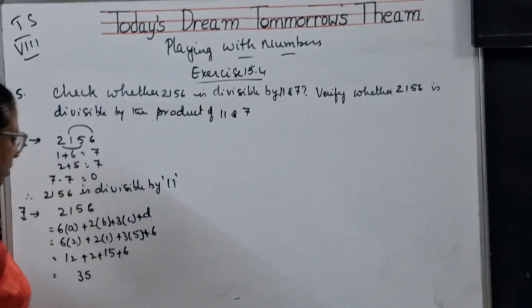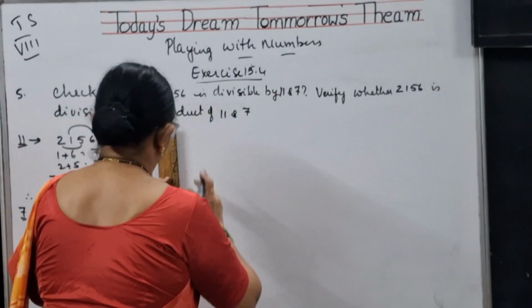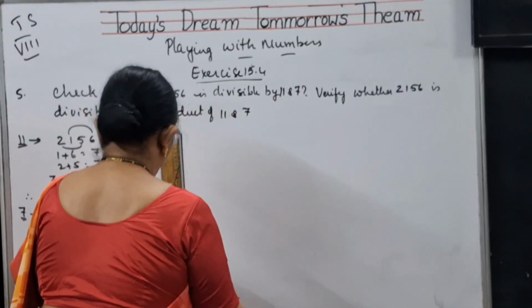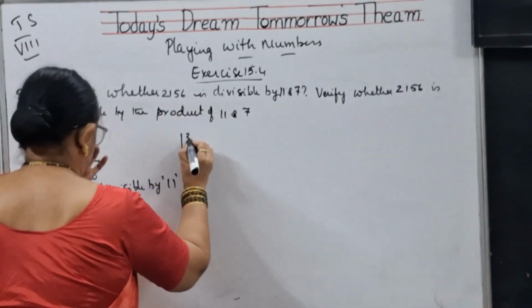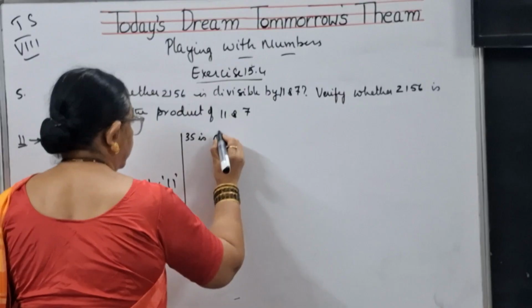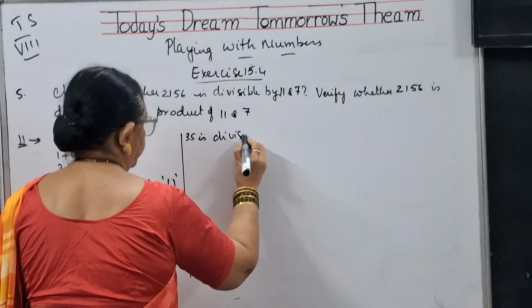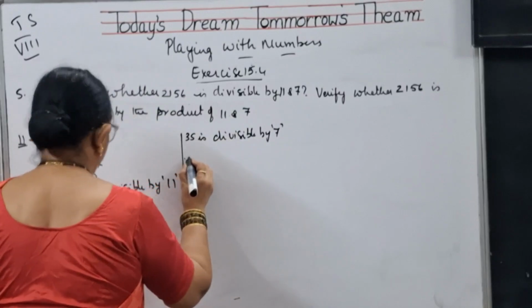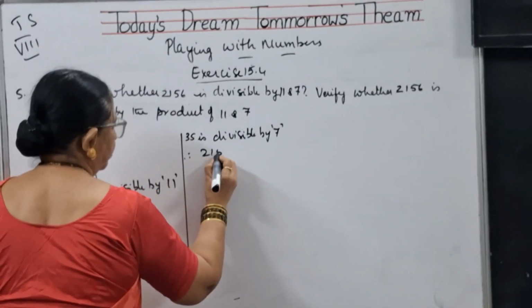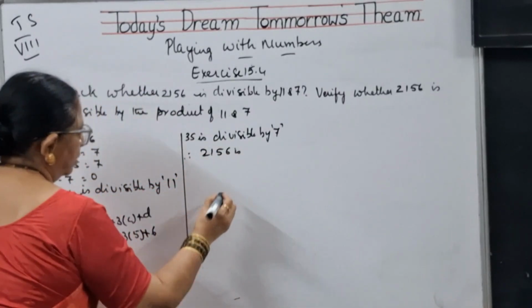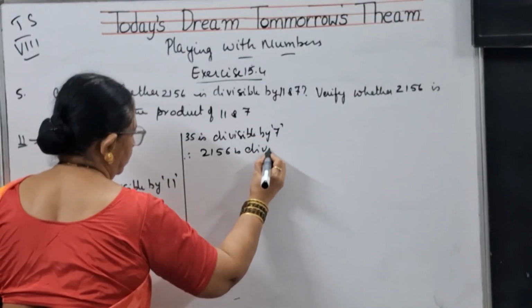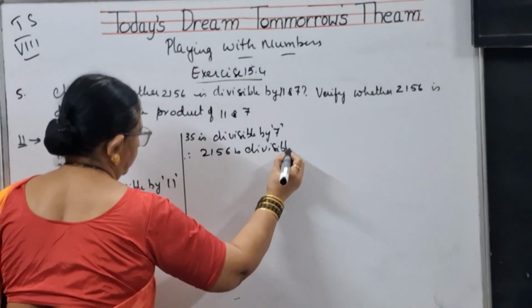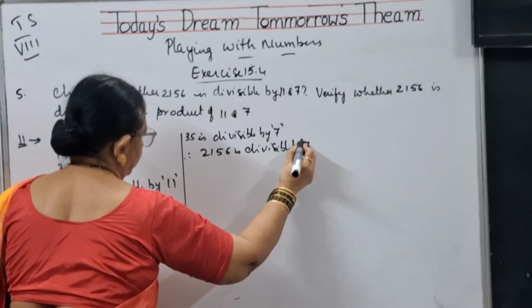So we can say that 35 is divisible by 7. Therefore, 2156 is divisible by 7.